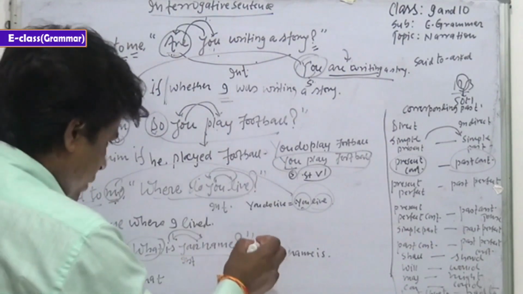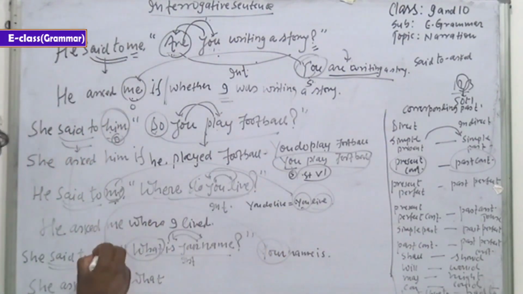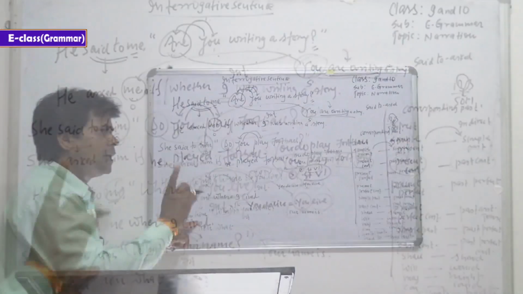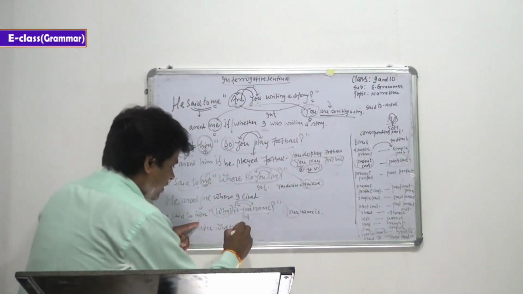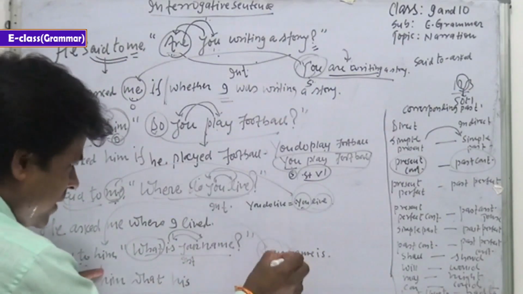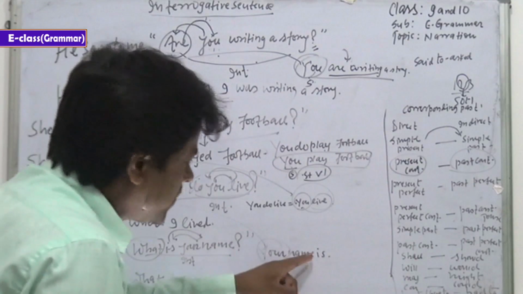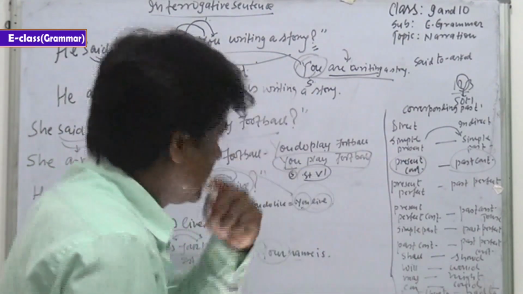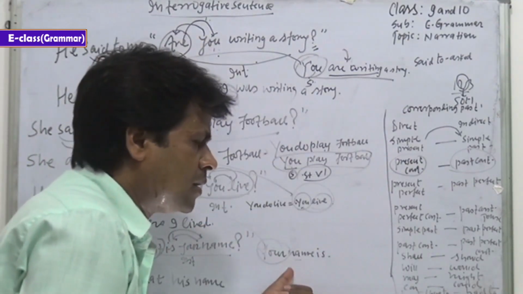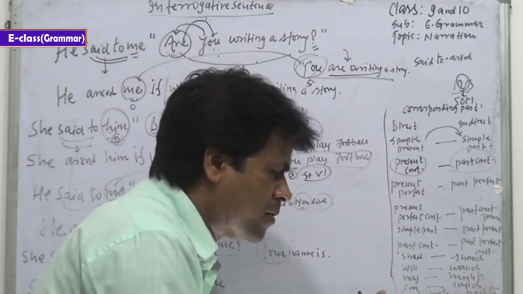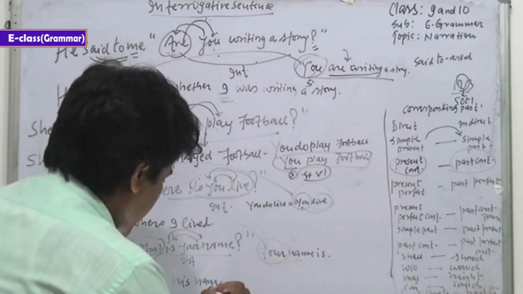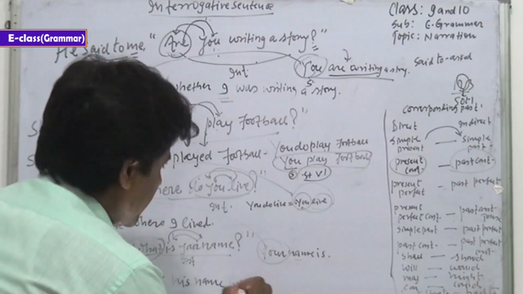How is the second person going to object? What is the object here? Him. And what is the possessive of him? He, him, his. The his. Name remains the same. And is becomes was. This is simple present tense. And the past, what is the past form of is? Was. What his name was there.